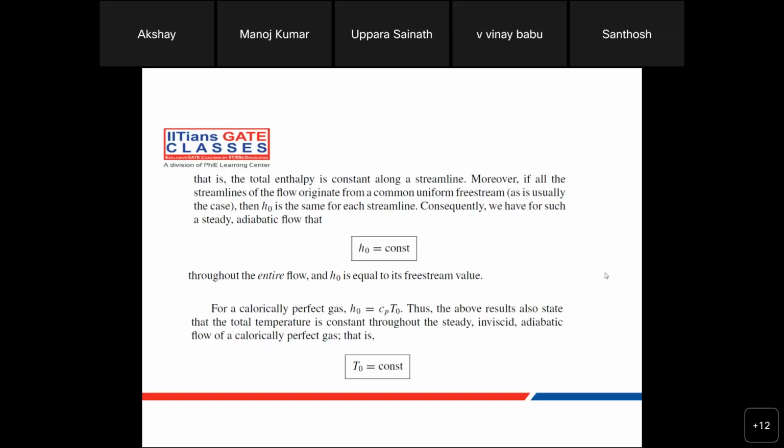Okay, so now this is just for a demonstration. I didn't go into the details of every aspect, like how we derive those equations, so that we will deal with in our actual classes.